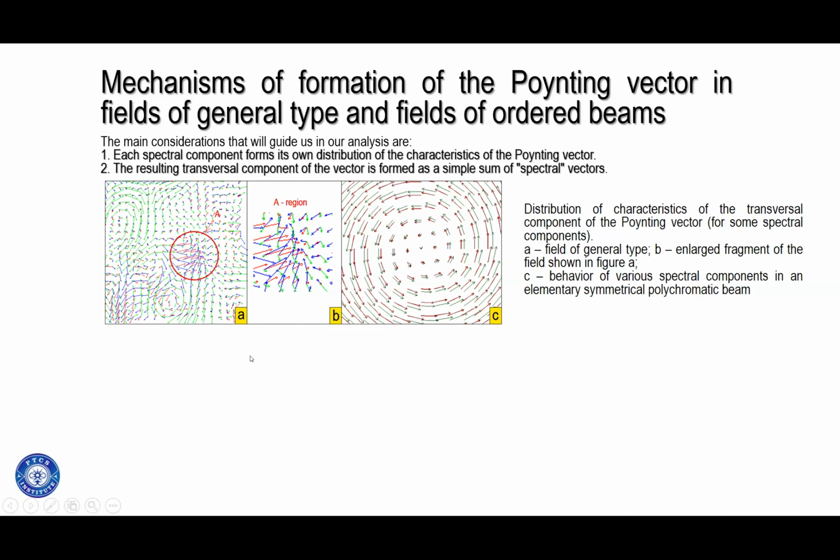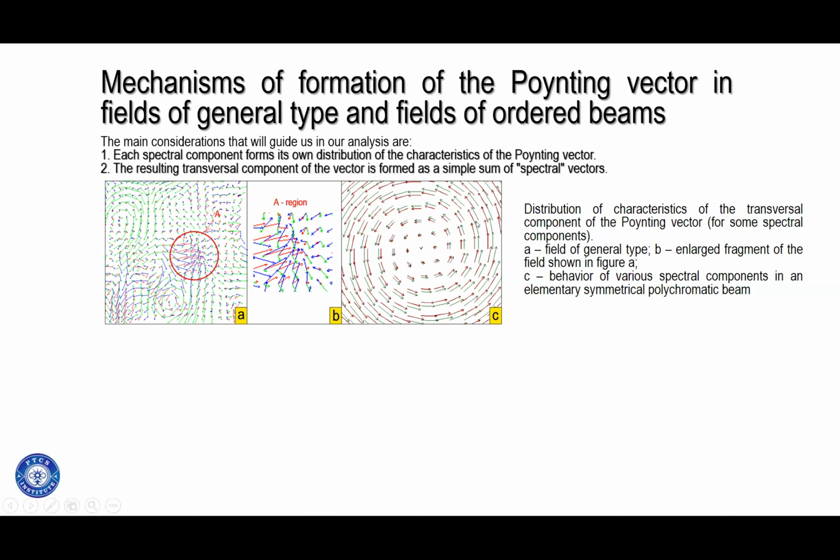For a field of general type, quasi-randomly directed vectors with different modulus are summed at each point of the field. As a result, in a field with destroyed coherence, the resulting vector tends to 0.